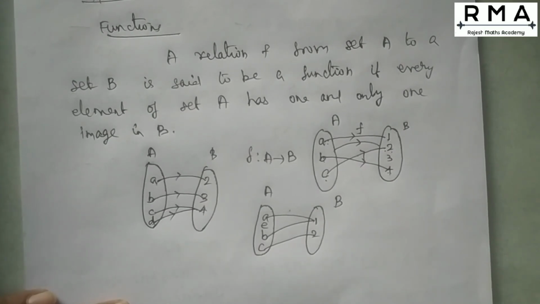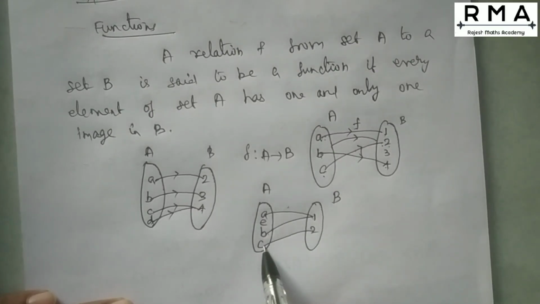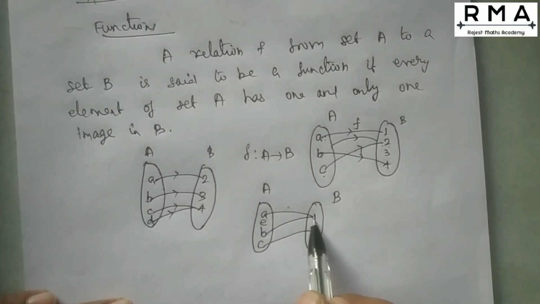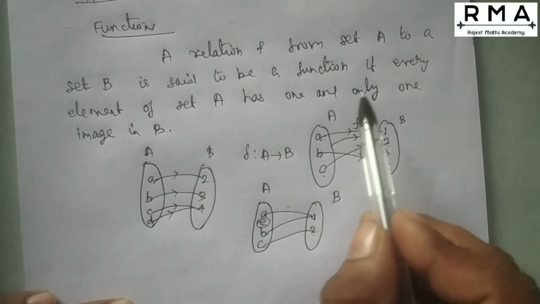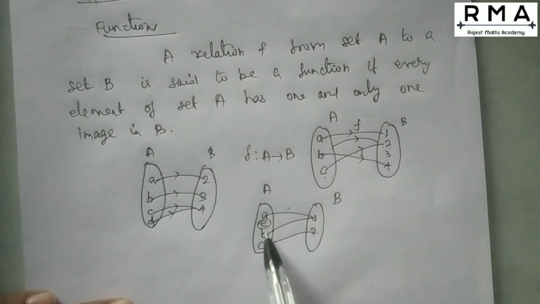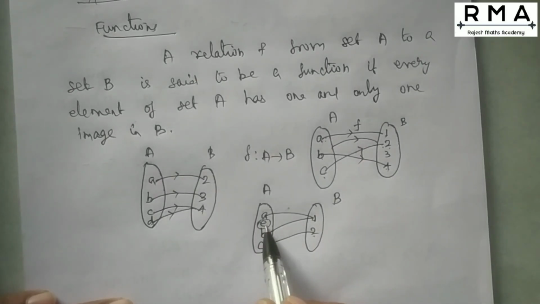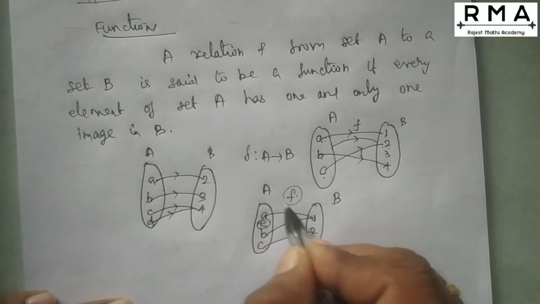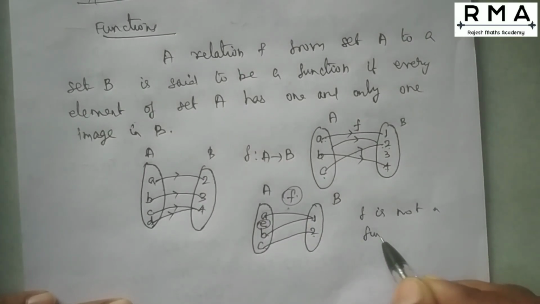In this case a's image is 1, b's image is 1, c's image is 2, but e doesn't have any image. So what is the definition here? All the elements of A should have one and only one image, but e doesn't have any image. So this f is not a function.